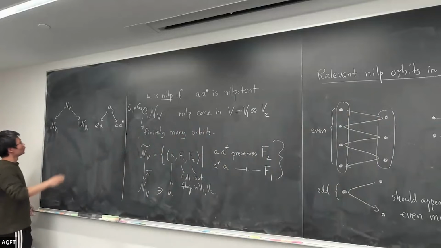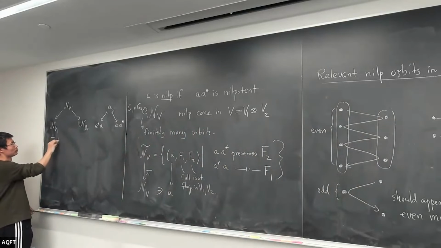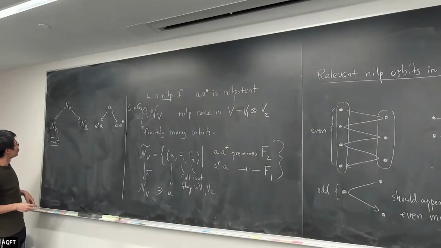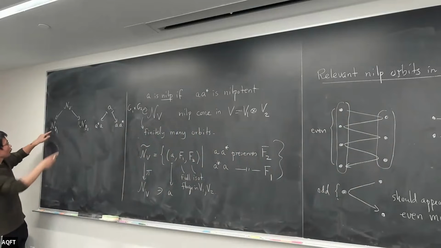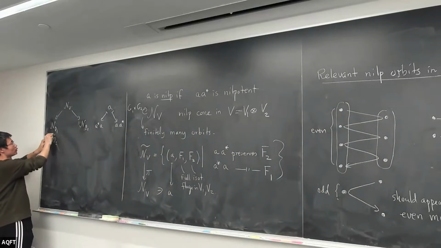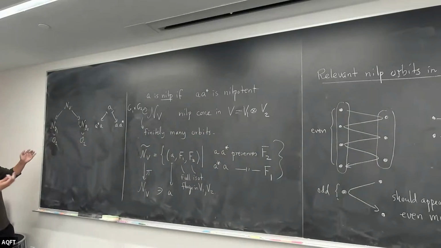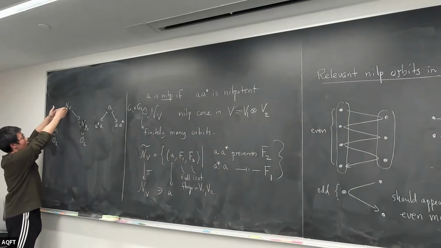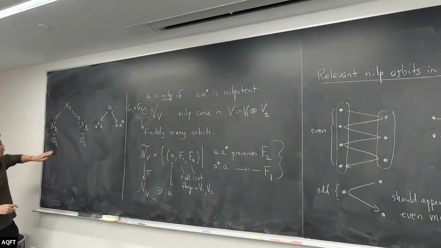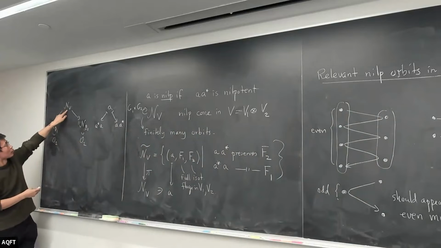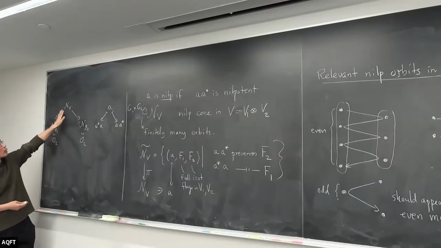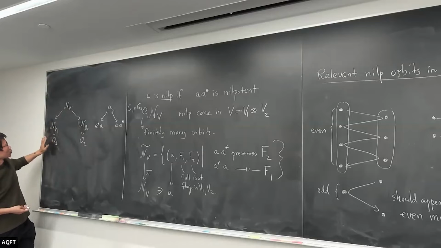Now, fact. So if you start with the O1 here, start with two nilpotent orbits. Well, first of all, they may or may not come from something here. If they come from something here, that thing may not be unique. There may be more than one nilpotent orbit in V that projects to O1 and O2.